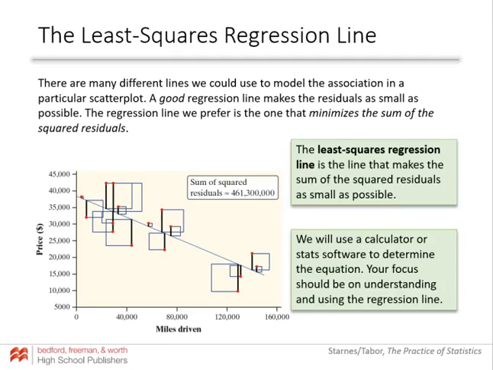Okay, again, not something that you need to know how to do, but something that you need to understand about the line. So the equation that your calculator or the computer output gives, that's how they decided how to draw that line. It's to make the sum of the squared residuals as small as possible.